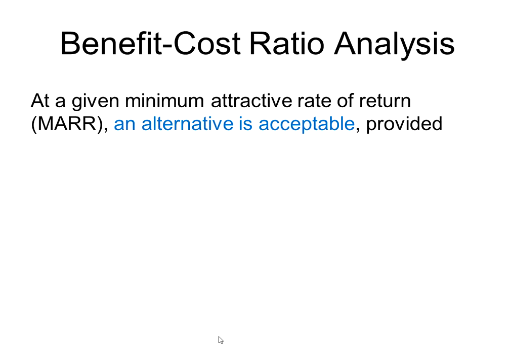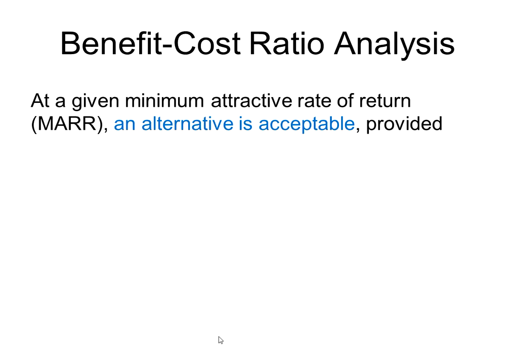What we really do is look at a given minimum attractive rate of return, which is a rate that a company sets, at which they want to get at least as good a rate of return as the minimum attractive rate of return. If it's smaller, they could just use the minimum attractive rate of return instead.